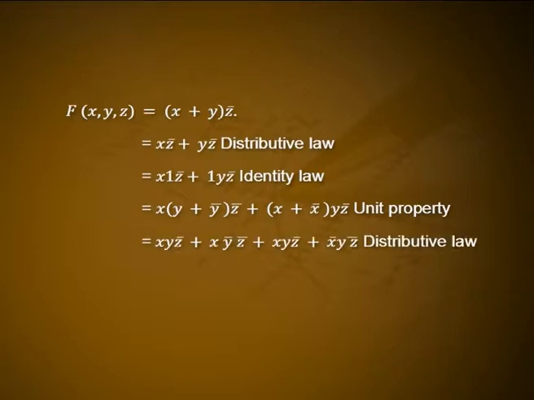This is equal to x y z bar + x y bar z bar + x y z bar + x bar y z bar, and this is obtained using distributive law, and this is finally equal to x y z bar + x y bar z bar + x bar y z bar using idempotent law.